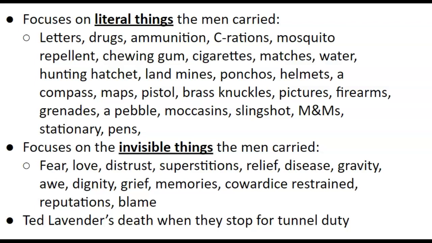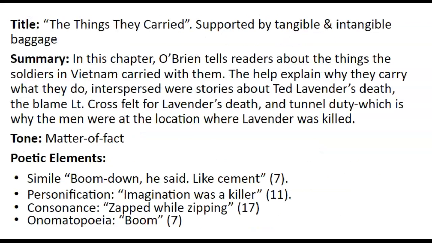So for the first chapter, it focuses on the literal things that the men carried, as well as the invisible things. And this is done surrounding the event of Ted Lavender's death when they stopped for tunnel duty. The title of the chapter is The Things They Carried, which is supported throughout the chapter by tangible and intangible baggage.